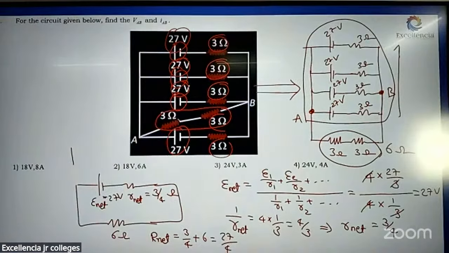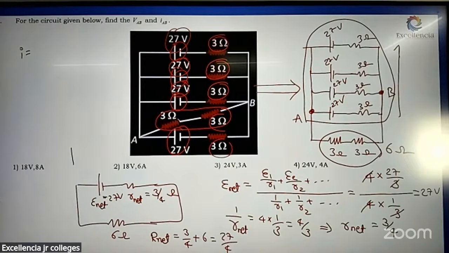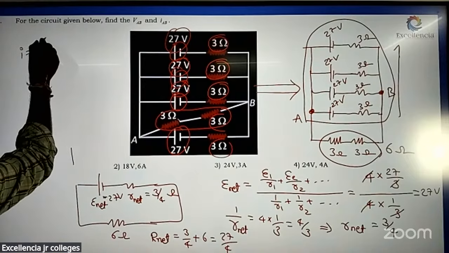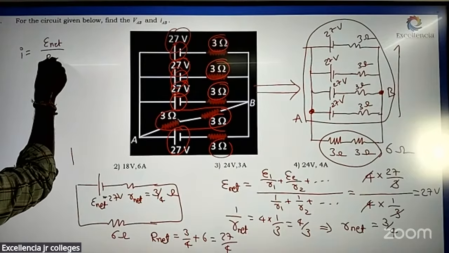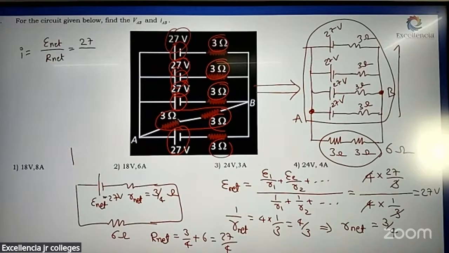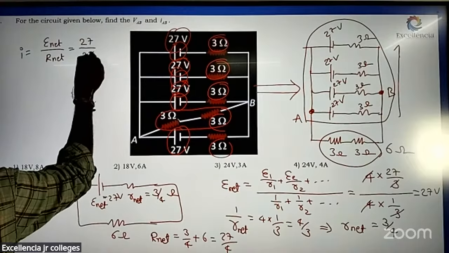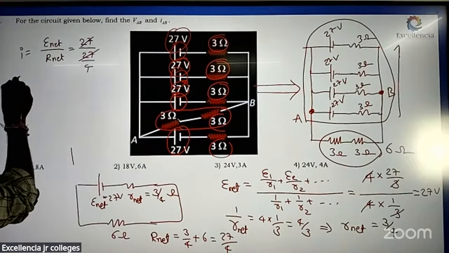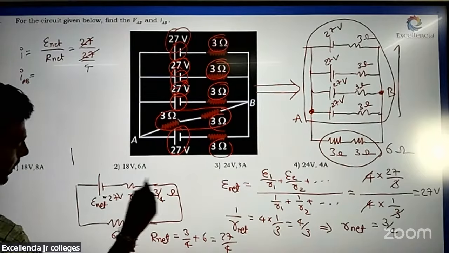And now we can go for the current. Current will be E net by R net. E net we know is 27, and R net value we got is 27 by 4. So 27 cancels, and I AB, the current in this circuit, will be 4 amperes.